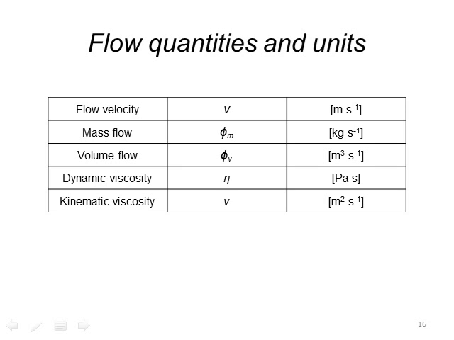Volume flow, phi sub v, meter cubed per second. And then we have these dynamic and kinematic viscosities, which are properties of a fluid that cause resistance to flow. The unit of dynamic viscosity, eta, is Pascal second, and kinematic viscosity is meter squared per second.